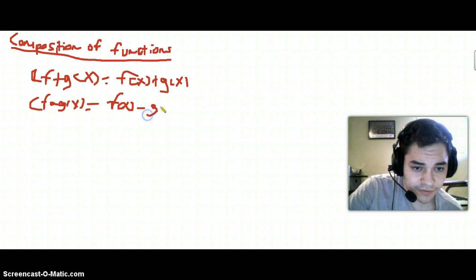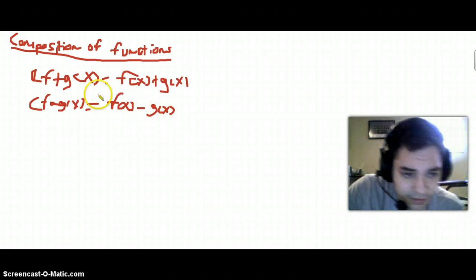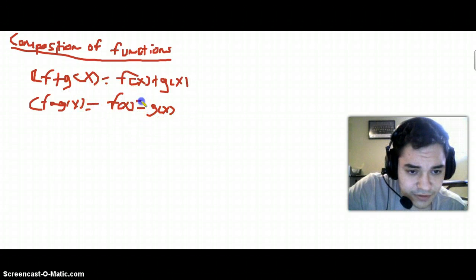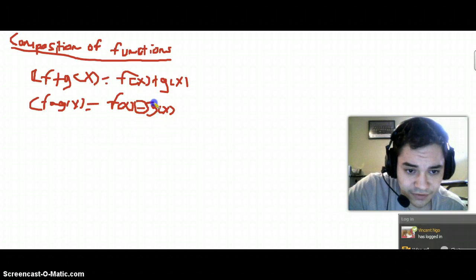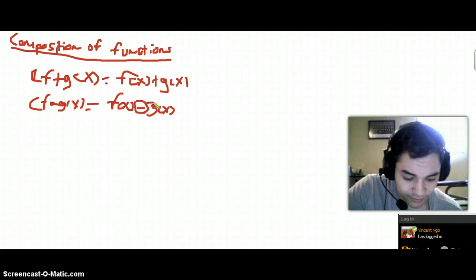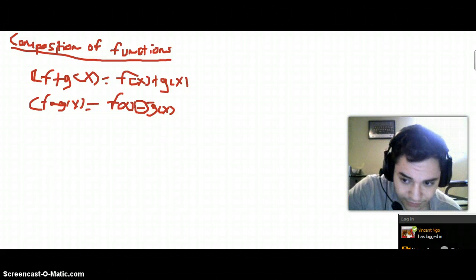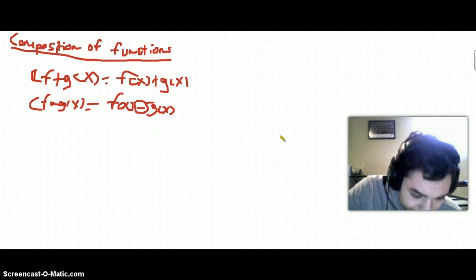minus g of x. Now, the most important thing for the subtraction is this negative sign. In the end, we're going to have to keep track of it and make sure it distributes into the g of x function. So from there, we're going to use an example.